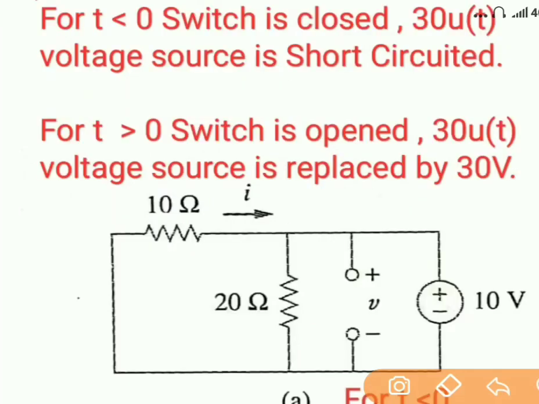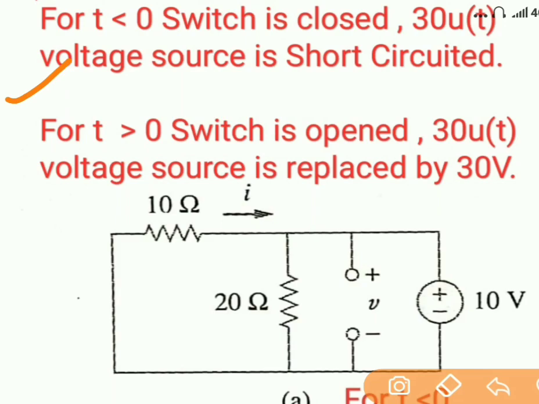Here I have considered two cases: when time t is less than 0 and when time t is greater than 0. For time t less than 0, the switch is closed for a long time, the capacitor has already reached steady state and it will behave as an open circuit. The unit step signal at time t less than 0 will behave as a short circuit.